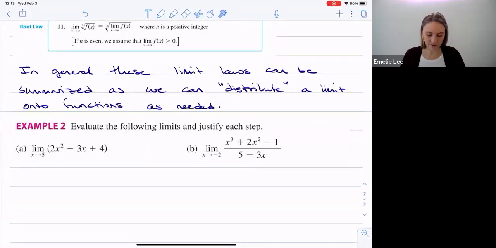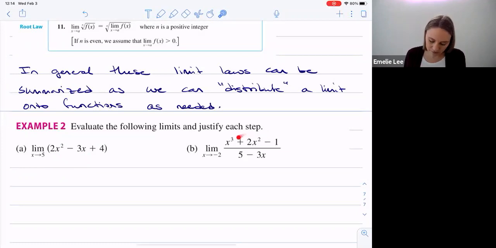So now, before, if I gave you a limit like this, what would you do? You would probably take values of x close to 5, but not at 5, maybe coming in from the left, coming in from the right, and evaluate this thing to see what it approaches, and then we can ultimately find the limit, or guess the limit.